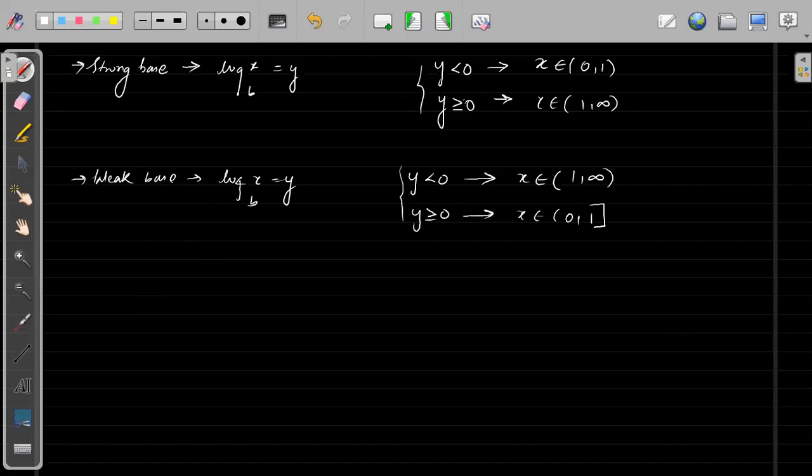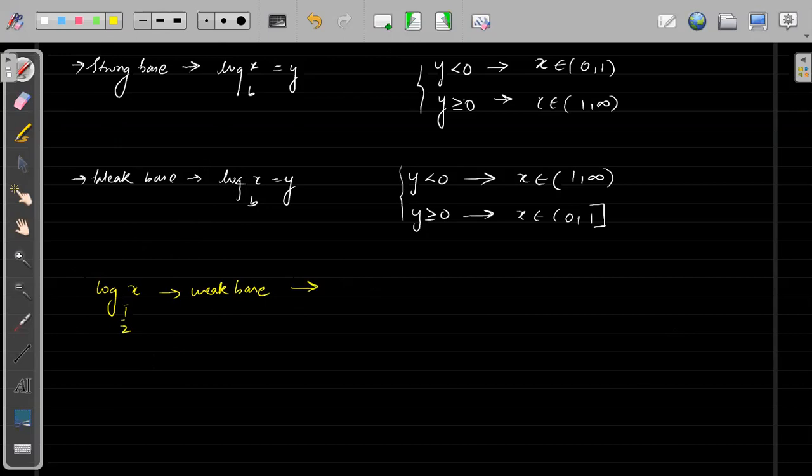Simply, what I've said is that for a weak base like 1 by 2, 1 by 3, something less than 1, you can just convert it into a strong base by taking the power outside. So weak base and strong base, what is the difference? So this is log x base 1 by 2. Why is this a weak base? This is a weak base, right? How will I convert this into a strong base?